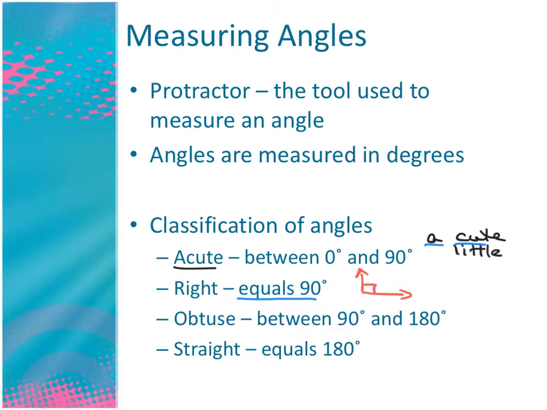So they would put a little square indicating that you have a right angle here. Obtuse angles are angles that are in between 90 and 180. So it could be an angle that measures 91 all the way up to 179. And then for a straight angle, that's a straight line, and it equals 180.